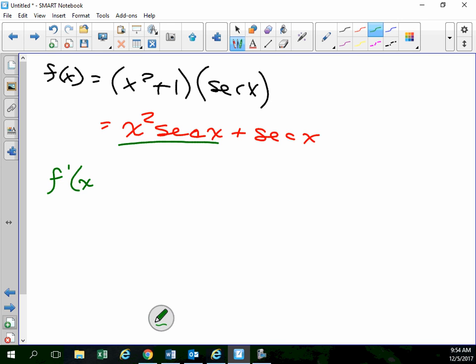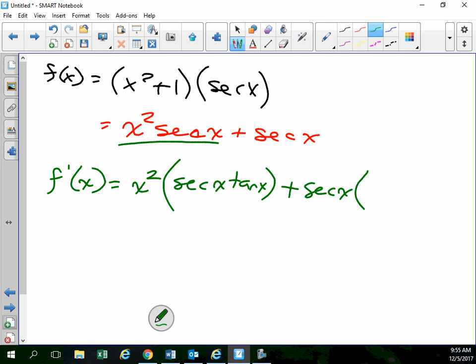So first, x squared, derivative of secant x: secant x tangent x, plus the second, which is secant x, times the derivative of x squared, 2x. Plus the derivative of secant x, which again was secant x tangent x.